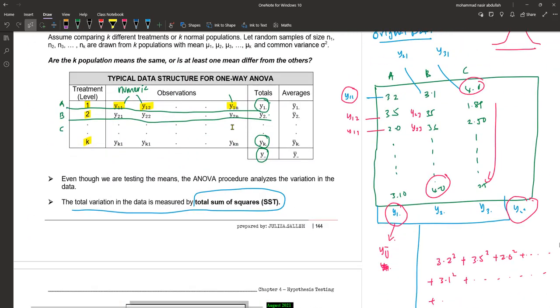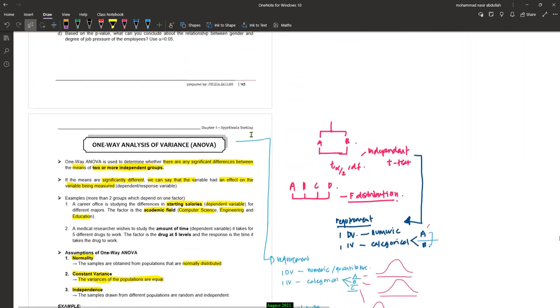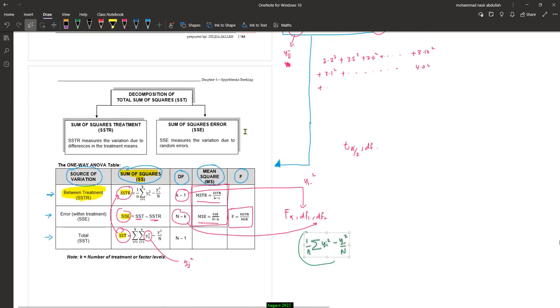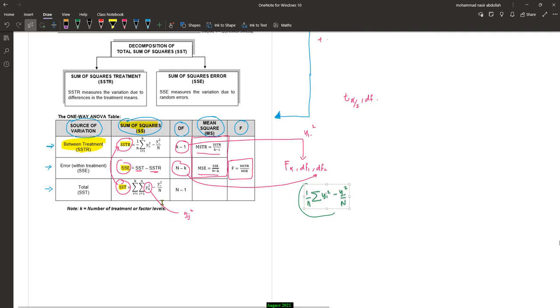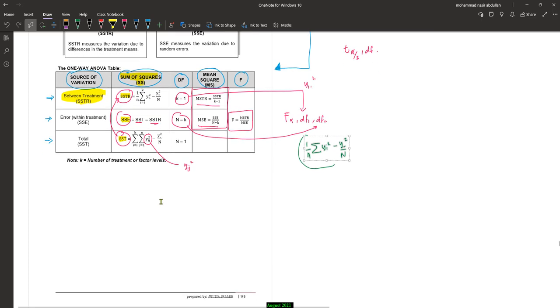Wait, think, another formula untuk sum square treatment kan, dia juga sama dengan kalau you expand, then you akan dapat n summation of x bar i, right, minus with the x bar total, right, x bar total lah, and then baru kita square.